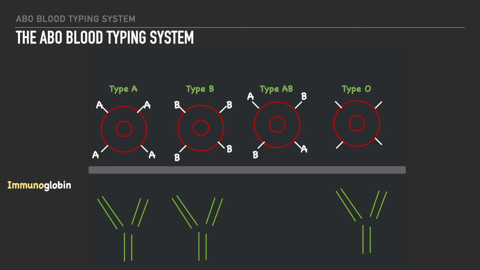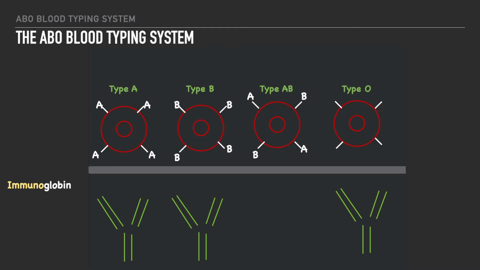So this term represents the fact that our antibodies play a role in our body's immune response. The last part of this term is globin, which represents the word protein. So an antibody, or an immunoglobulin, is an immune protein.